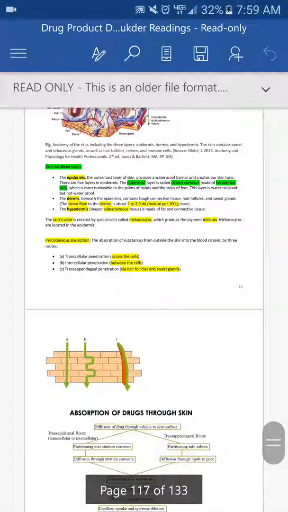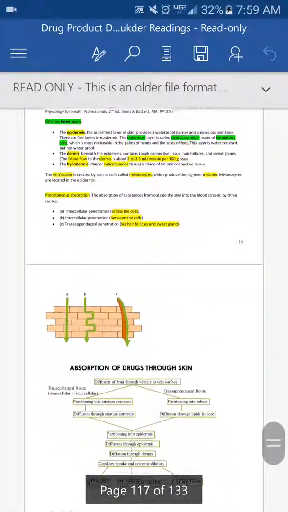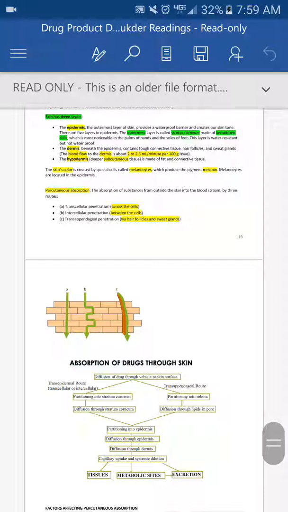The skin's color is created by special cells called melanocytes. They're located in the epidermis as well.